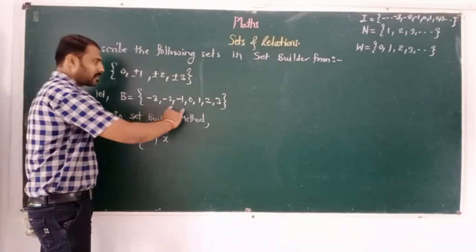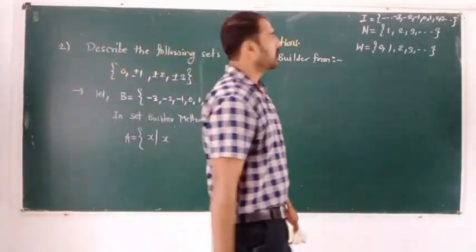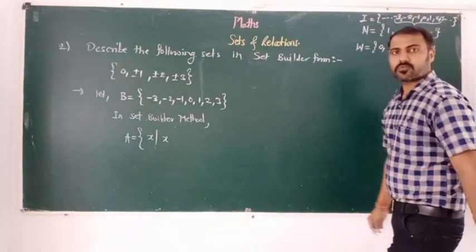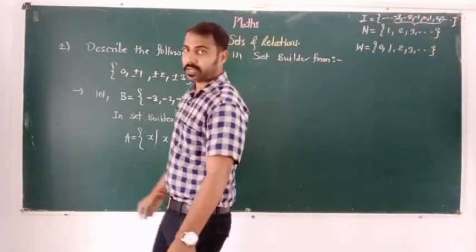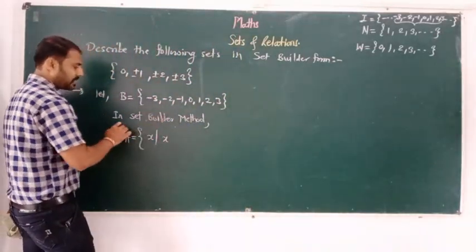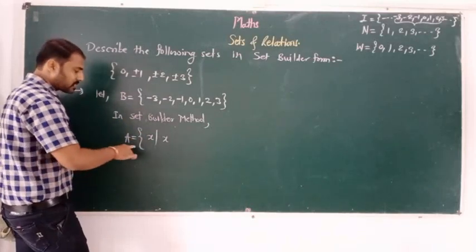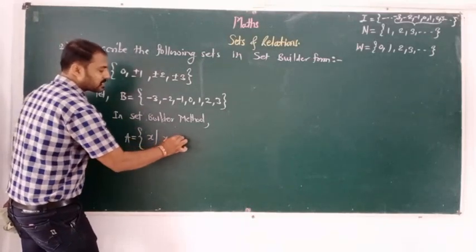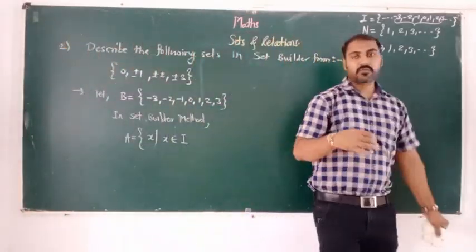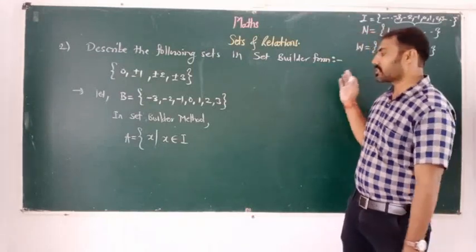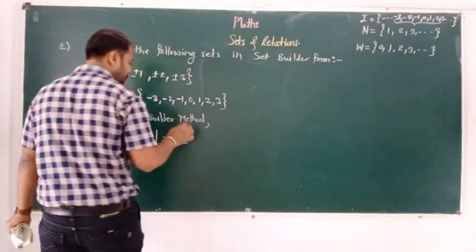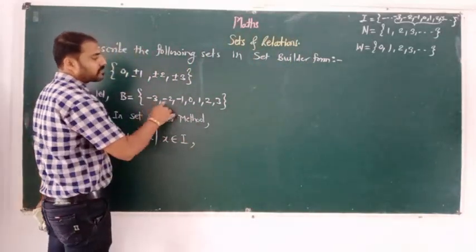If you remember, all these are integers. All these are integers from minus 3 to plus 3, including minus 3 and plus 3. So I am writing that set in set builder form. It is the set of all x's such that x belongs to integers. Which type of numbers are there? These are integers. And I am writing one condition here: numbers between minus 3 and plus 3.